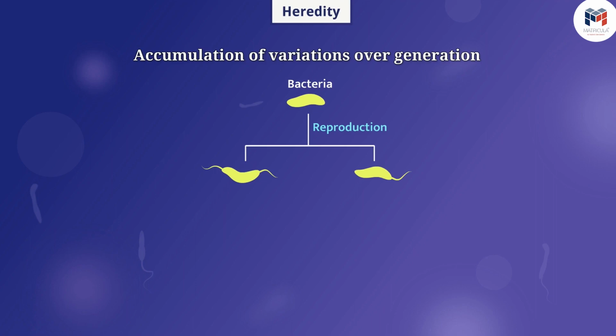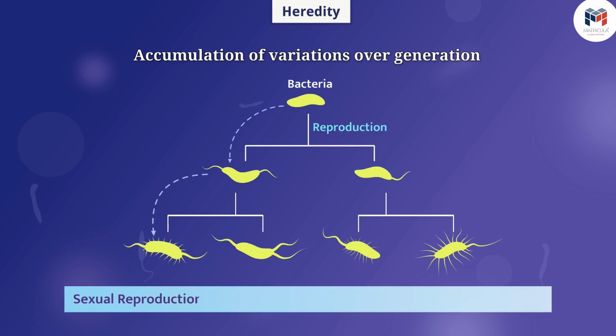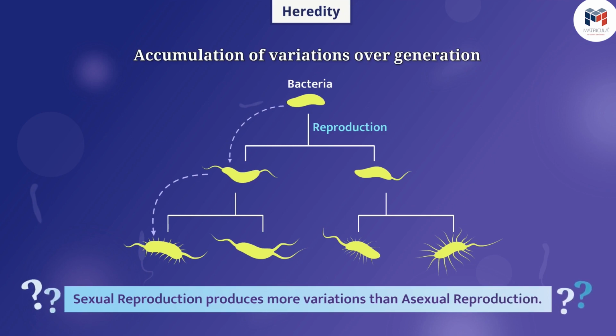Each individual, in turn, produces two more individuals similar in characteristics to that of the parent, but with individual differences also. In the same way, there is inheritance of traits and variations from generation to generation. Sexual reproduction produces more variations than asexual reproduction. Try to find its reason on your own.